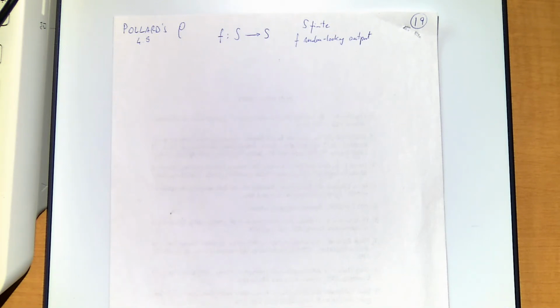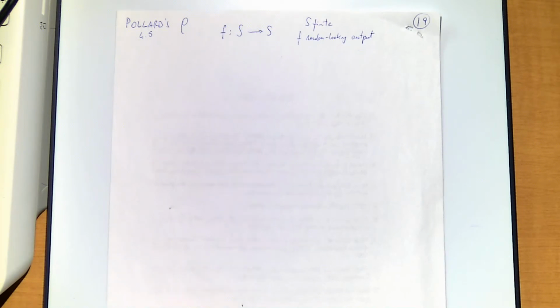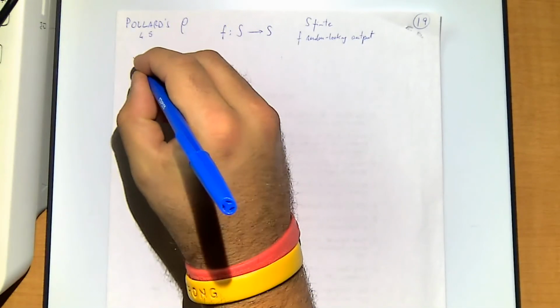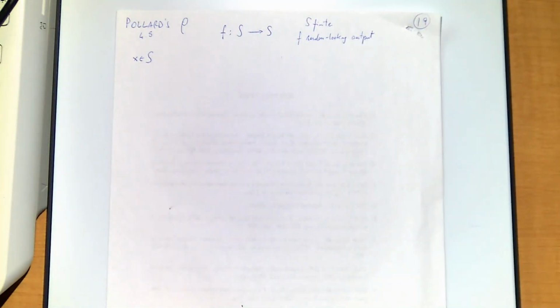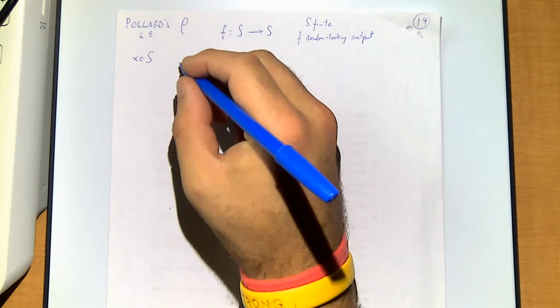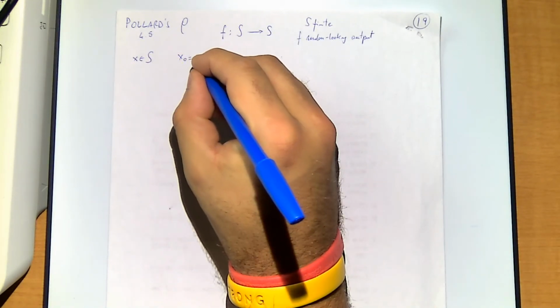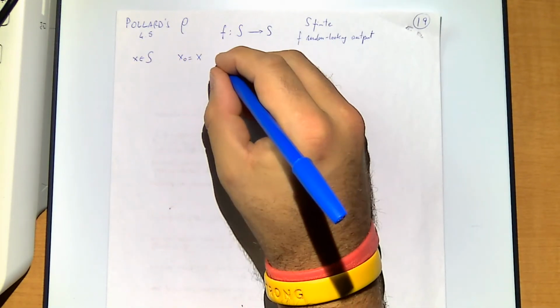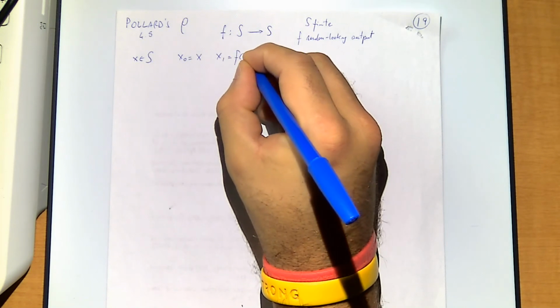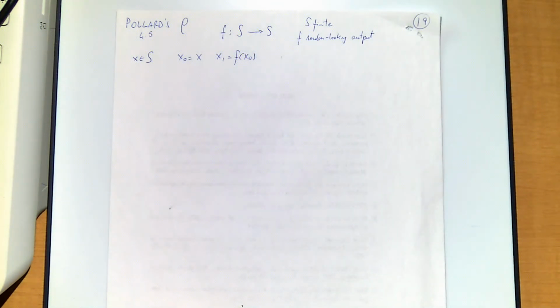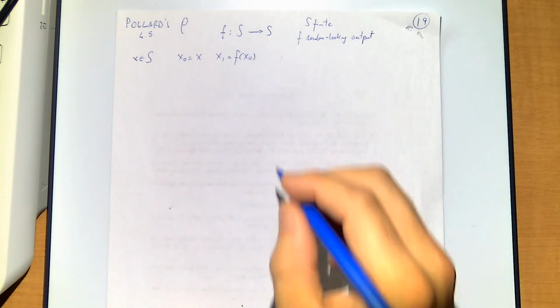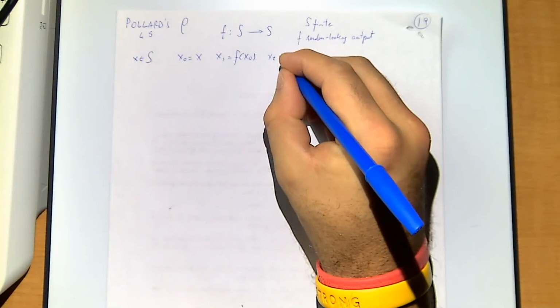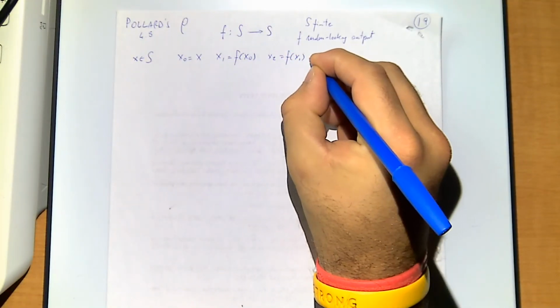Now, let's take the function f, and let's say we have a starting point x, the first element. What happens if we apply f repeatedly? We can set a chain. For example, x0 is x itself, and then we set x1 to be f of x0, and then x2 is going to be f of x1, and so on.